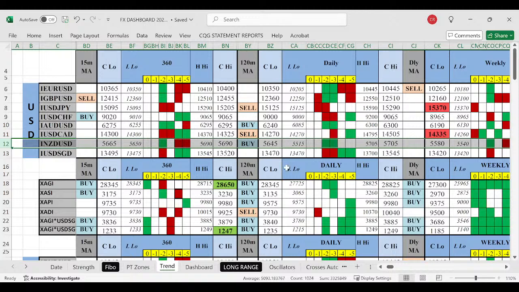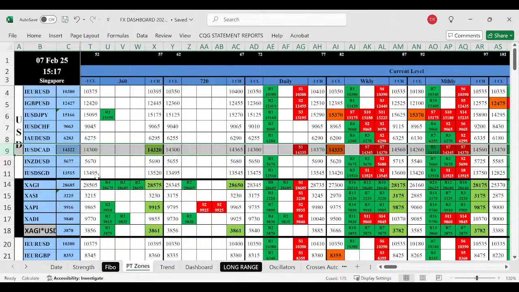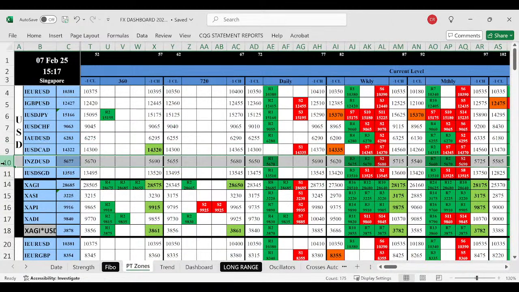So I think we should expect the price to break that 57.05, and if it breaks, then we should see the price moving higher. Then when we look into the PT zones, we are looking at 6 hours, 12 hours flat. Daily, we are seeing strength come into play.